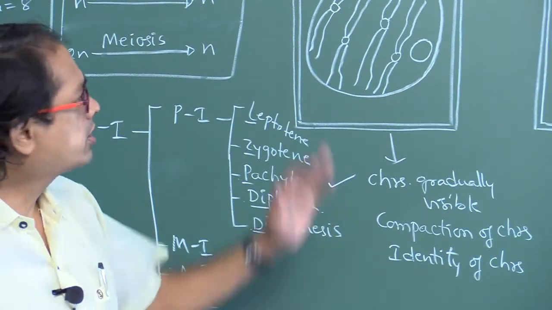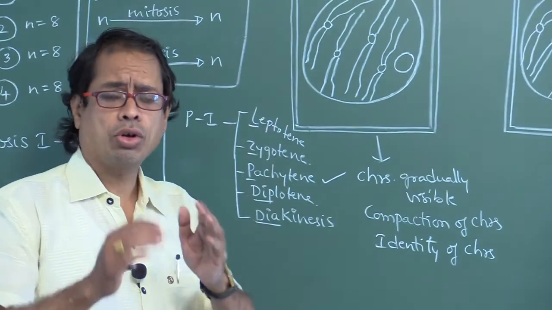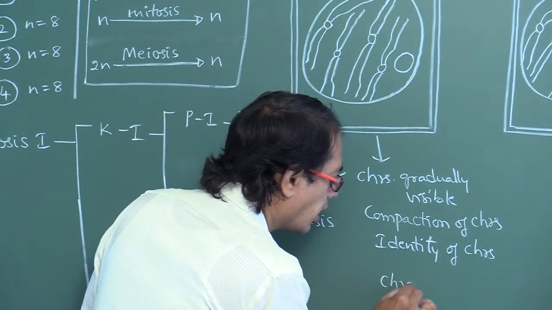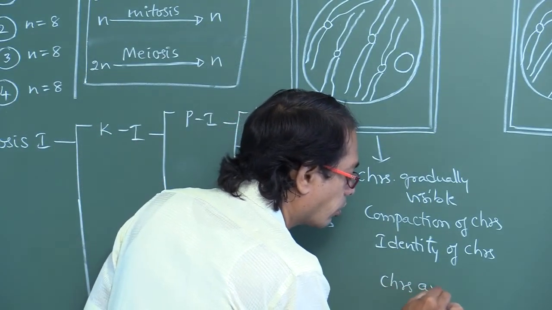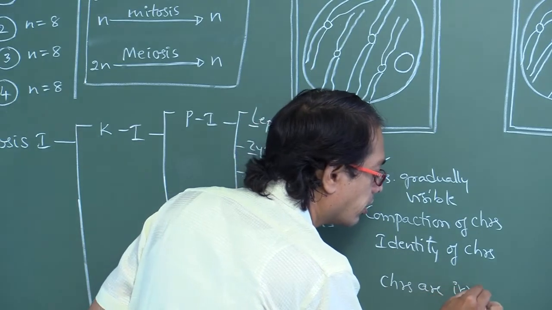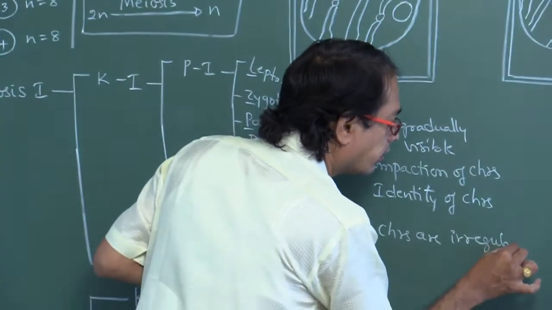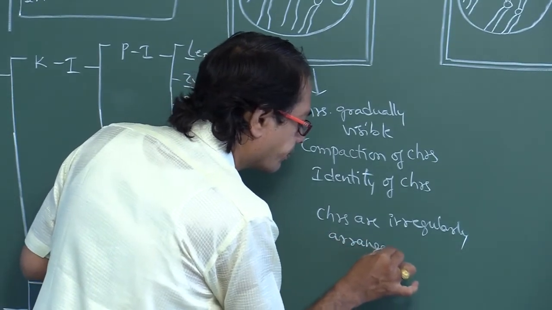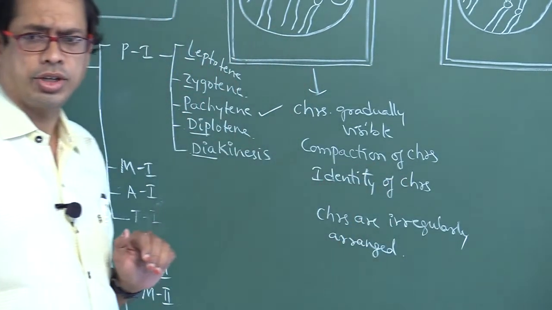And in this leptotene phase, chromosomes are irregularly arranged.